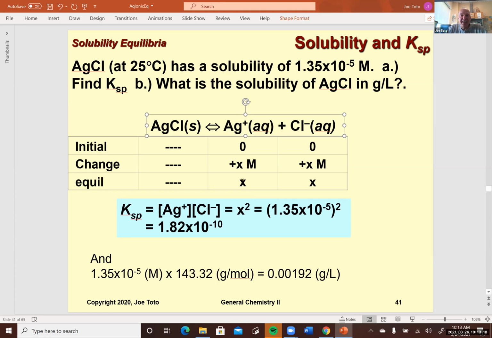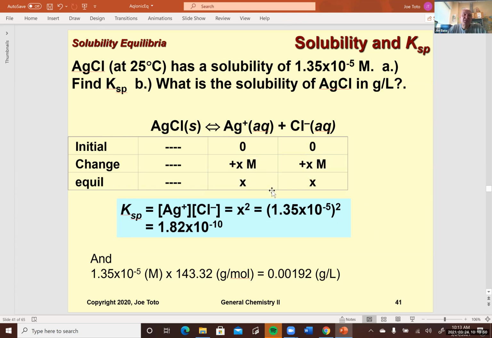And I notice that X is the concentration of Ag+. It's also the concentration of Cl- at equilibrium. And it also tells me how much AgCl is dissolved in that volume of solution. So in our old ice table, this X is the solubility in units of moles per liter.